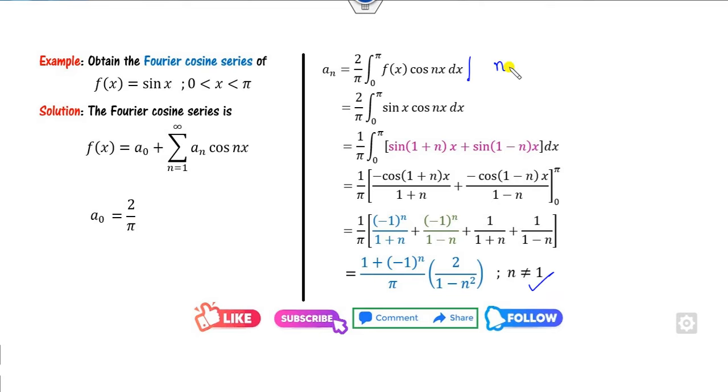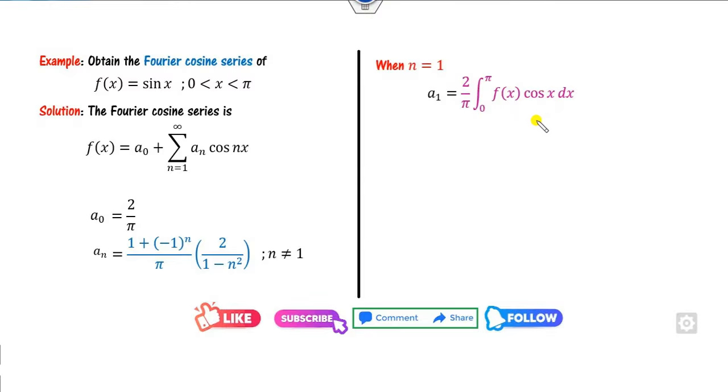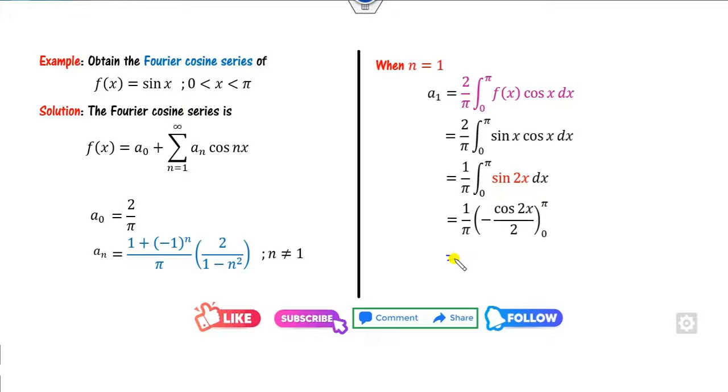I can substitute n is equal to 1 in this expression. So you will get this term. Substitute the value of the f(x). This term sin 2x divided by 2. What is the integration of the sin 2x? Minus cos 2x over 2. When you substitute pi, cos 2 pi is 1. If you substitute 0, minus cos 0 is 1.